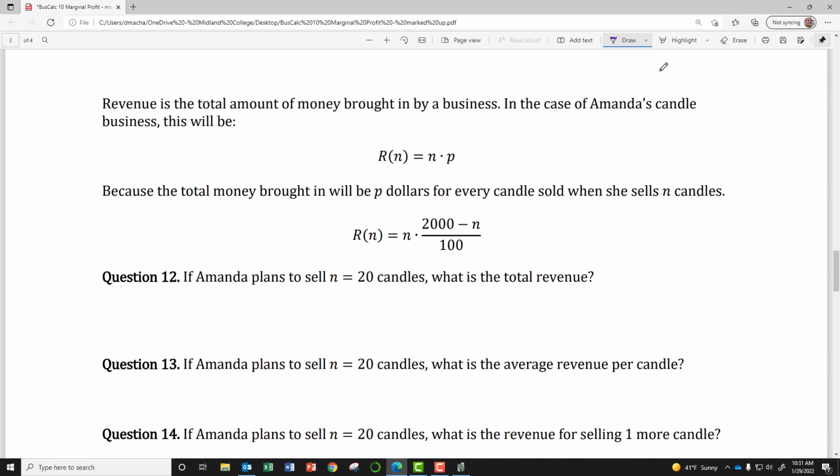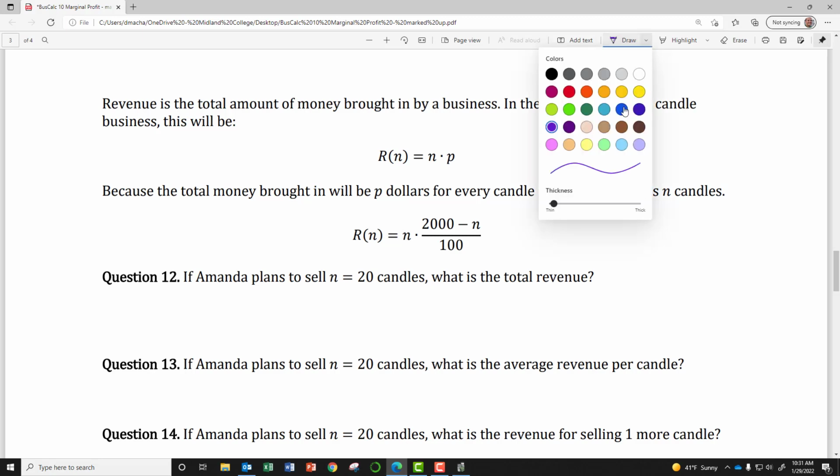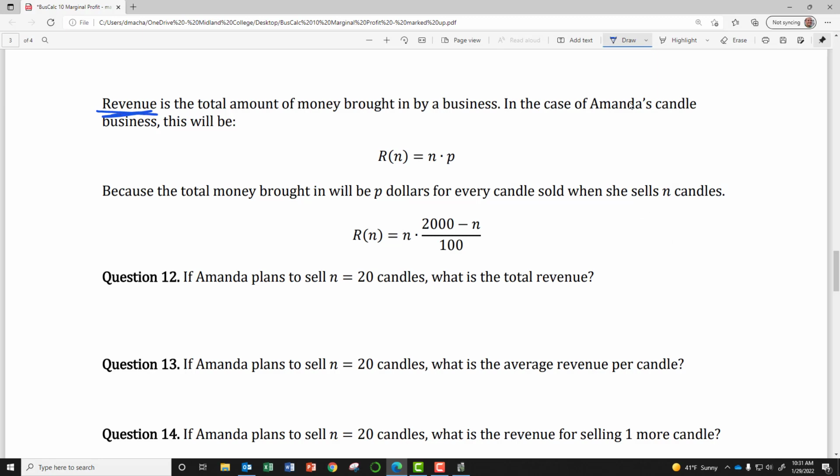Now, continuing but introducing new concepts for the same example: revenue. Revenue is the total amount of money brought in by a business. In the case of Amanda's candle business, our revenue, which we're going to represent with a capital R, is going to be a function of the number of candles sold.